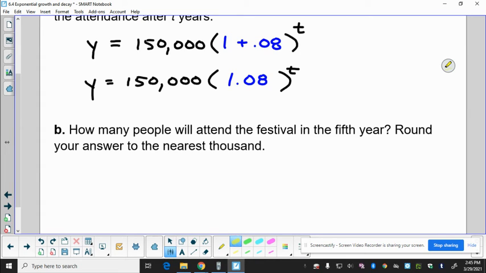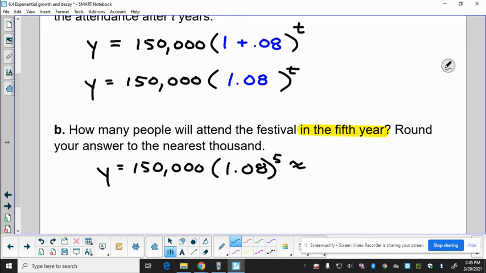Well, that means that I will just merely replace the exponent with a 5. It's after 5 versions of repeated multiplication. And it says to round it, so I'll use a couple little squiggly lines to represent that.